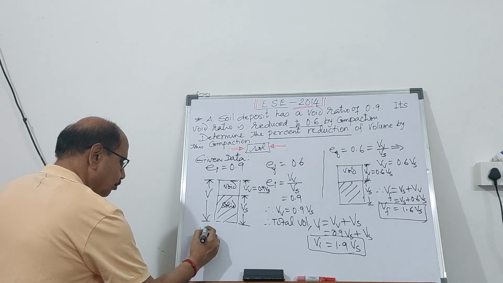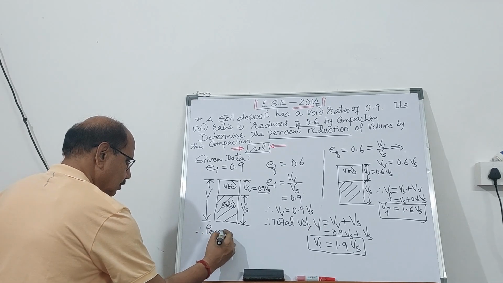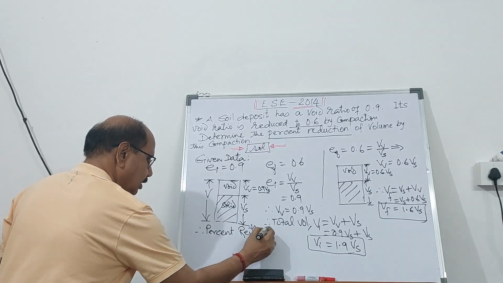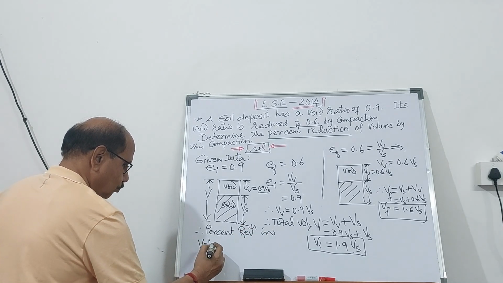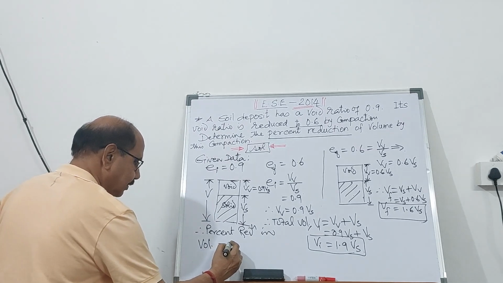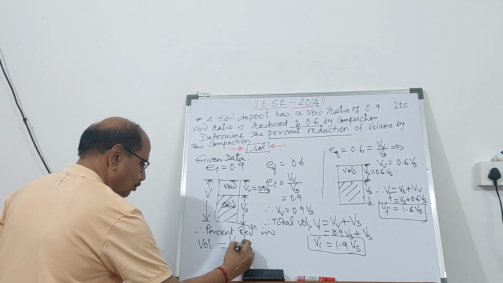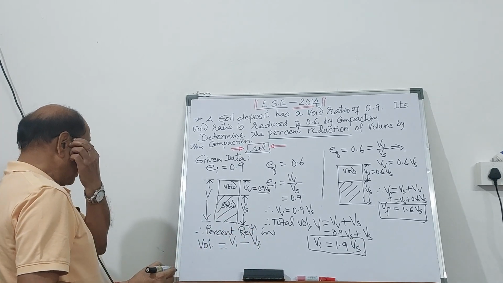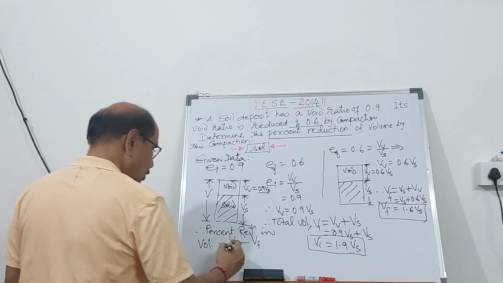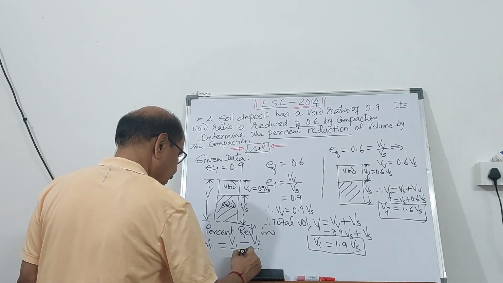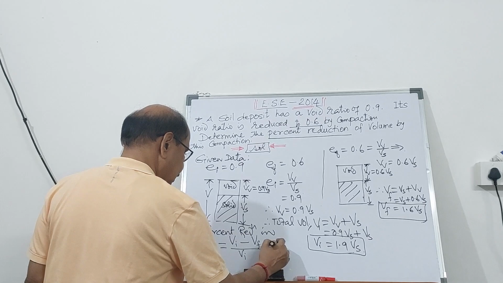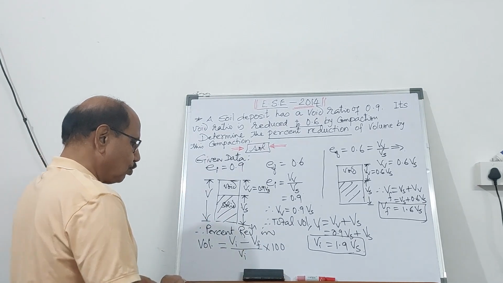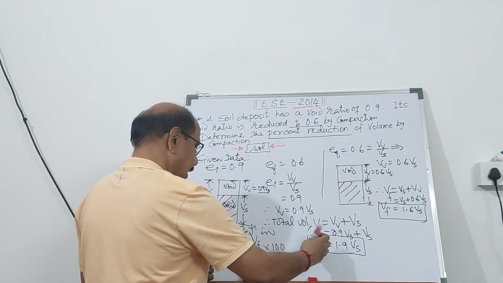Therefore, percent reduction in volume will be initial volume, after compaction, the final volume is going to reduce, divided by Vi into 100. If you substitute the values over here, you can get the answer.